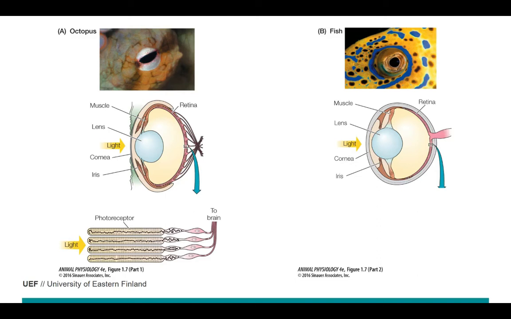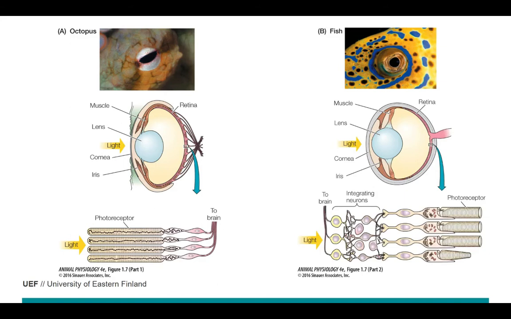But then in the fish, that's not very good engineering. They put all the cables first, and then the light must go through all the integrating neurons to reach the photoreceptors. And that's why, first of all, the integrating neurons must be colorless. And that's why the integrating neurons must get the sugar and the oxygen without any blood vessels.